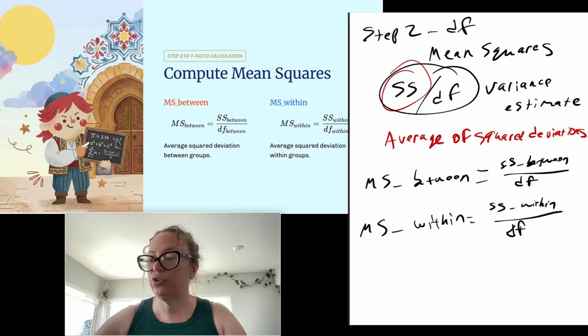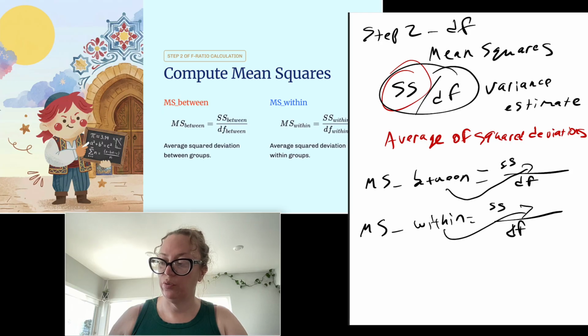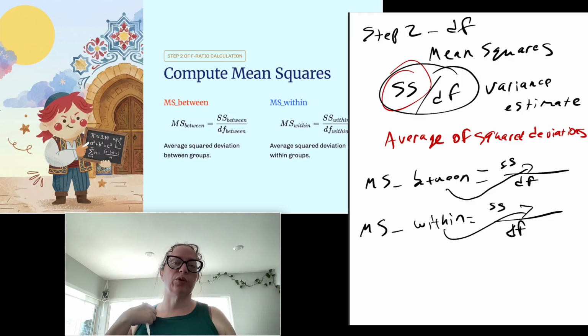It's not really two separate formulas. It's really the same thing. It's just SS over degrees of freedom. But you're making sure that you're doing the between and you're doing the within. It's very simple. It's not two separate formulas that you're looking at.